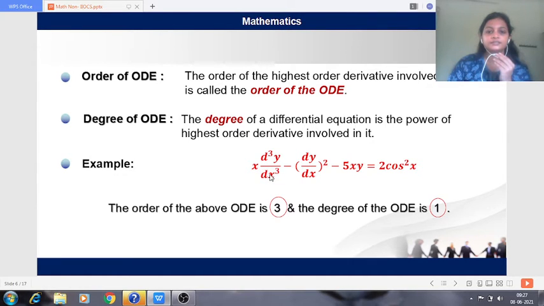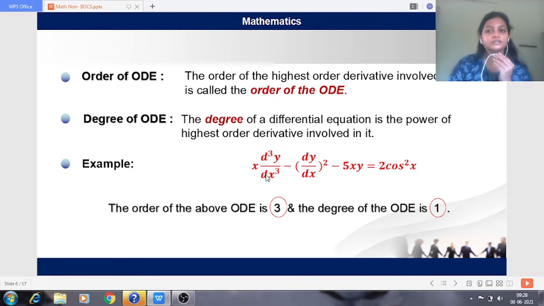x d3y/dx3 minus (dy/dx) whole square minus 5x square is equal to 2 cos square x. We see that this equation is obviously an ordinary differential equation, because here there is a dependent variable y, an independent variable x, and the derivatives dy/dx and d3y/dx3 are derivatives with respect to the independent variable x.